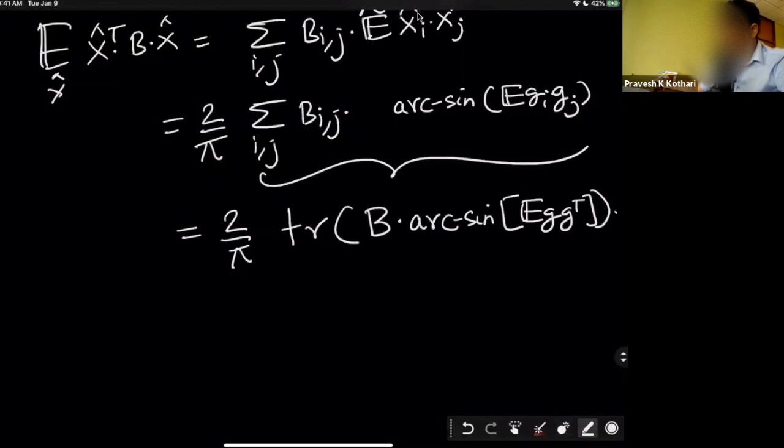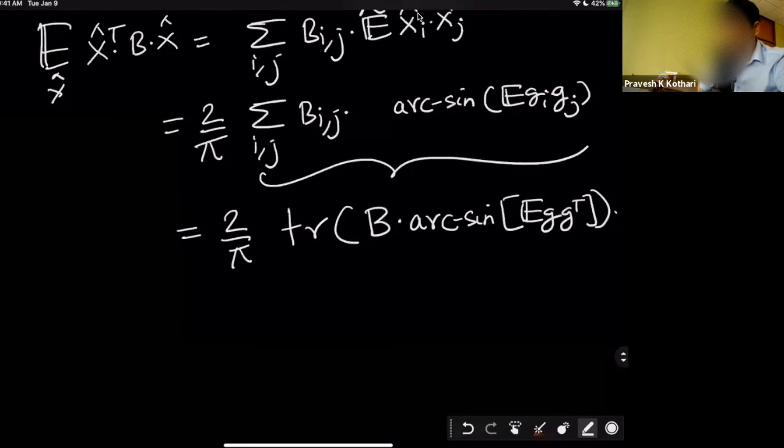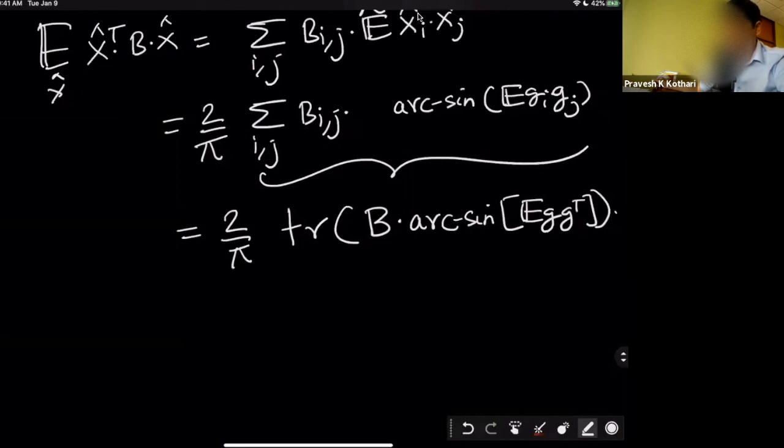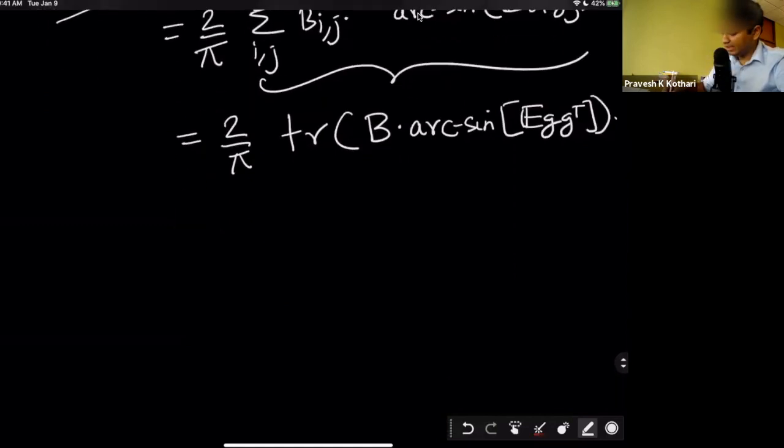So now, so far, remember, we haven't used anything about PSDness of the matrix B, okay? And we basically found a very nice expression for the expected value of the rounded quadratic form on B. And so now our observation is that if B is a PSD matrix, so here's a simple observation.